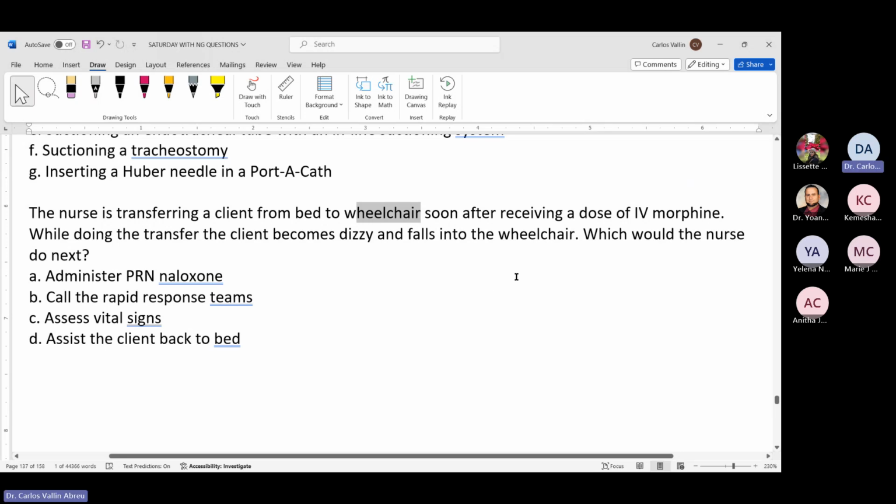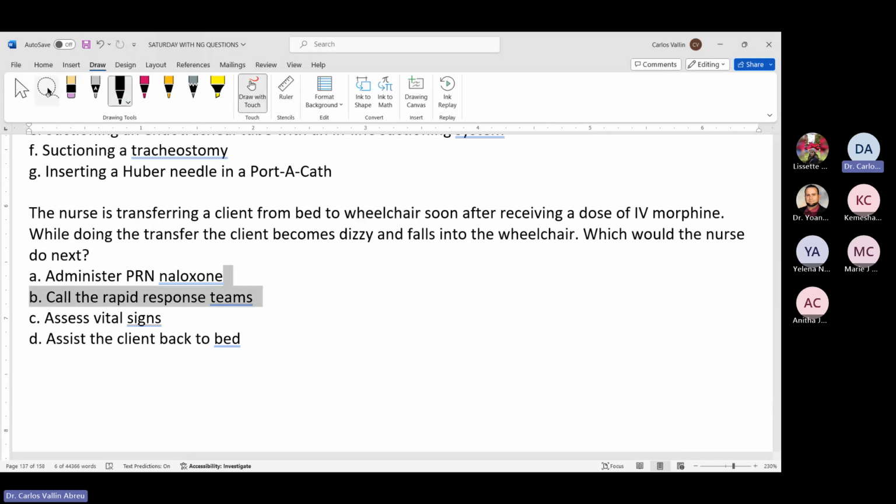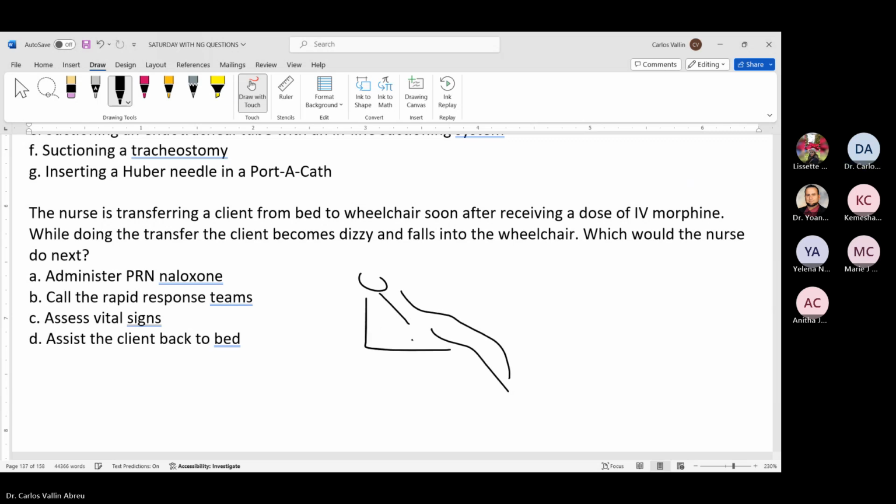Try to visualize that you are transferring the client from the bed to the wheelchair, and the client becomes dizzy and falls in the wheelchair. Which will the nurse do next?